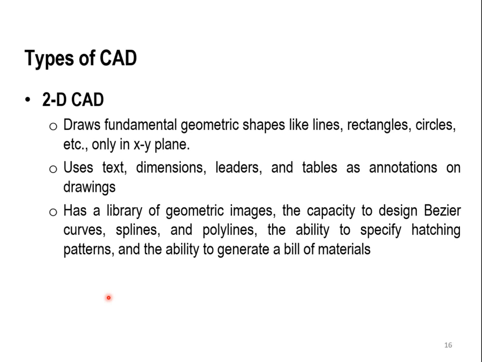It has a library of geometric images, the capacity to design Bezier curves, splines, and polylines, the ability to specify hatching patterns, and the ability to generate the bill of materials. Now, by the way, we will learn how to do the bill of materials because this will be very important in product lifecycle management analysis later. We're going to learn it in week number, I think, 9 and 10.